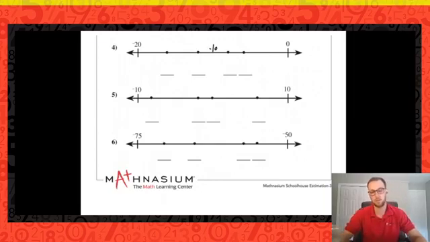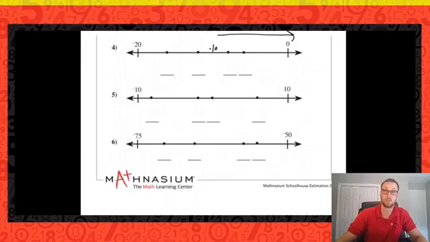So if we're getting closer to 0, we'll do our points to the right first. We're moving closer to 0. That means our number is getting less negative. So what would those points be? Yeah, very good. Negative 8 and negative 6.